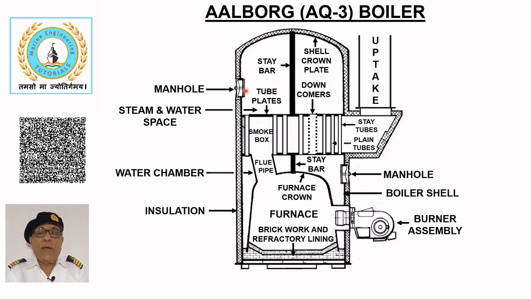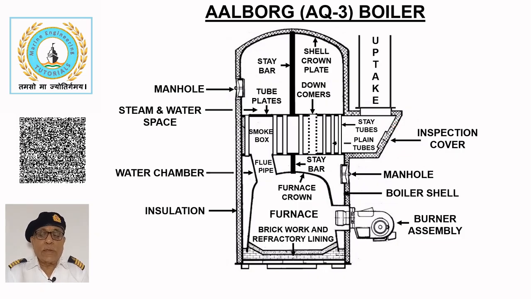Two manholes are provided for internal inspection and repair of the water chamber and steam space. The smoke side is provided with an inspection cover for cleaning the tubes from outside.